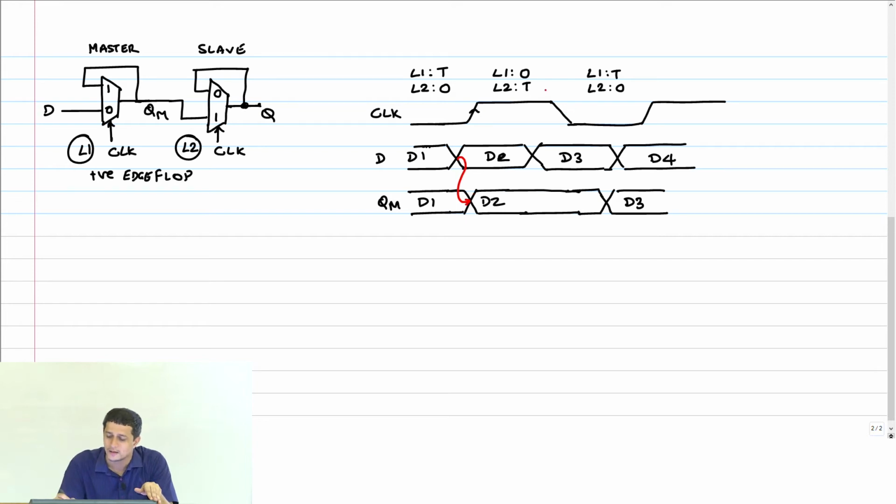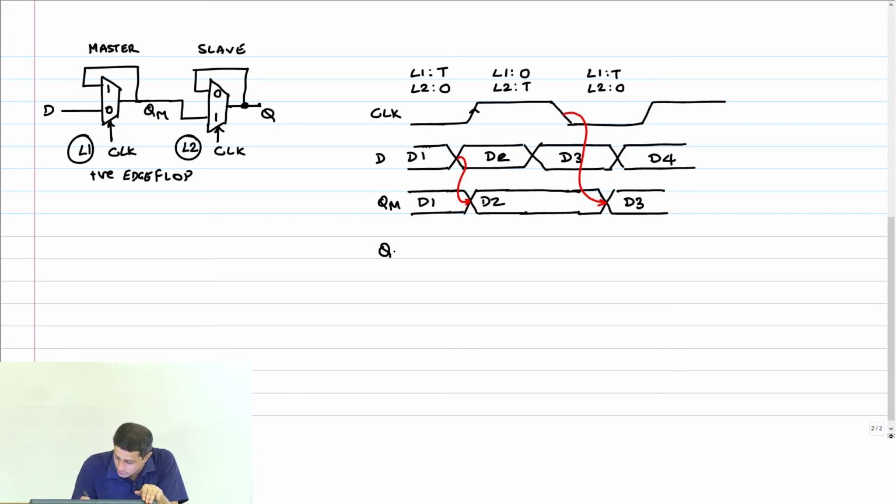On the other hand, when the clock goes low, that's when L1 becomes transparent, and therefore this is the thing that will trigger a transition to D3, right? We are consistent till here.